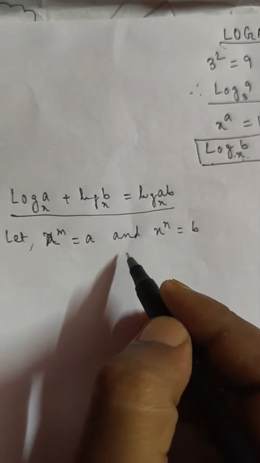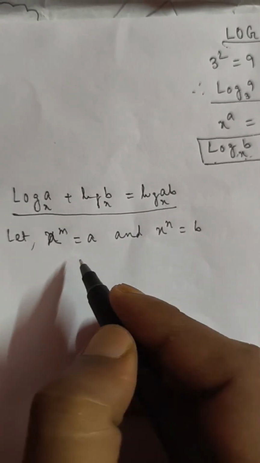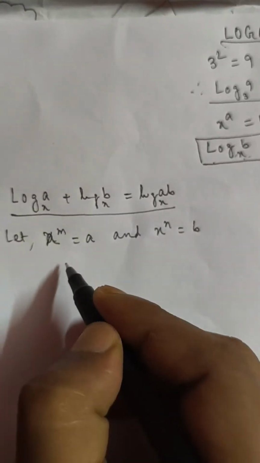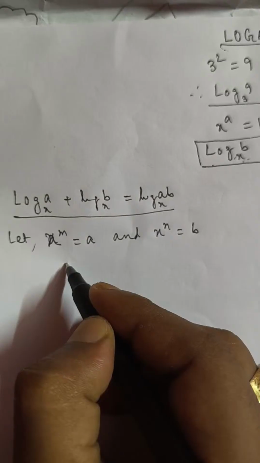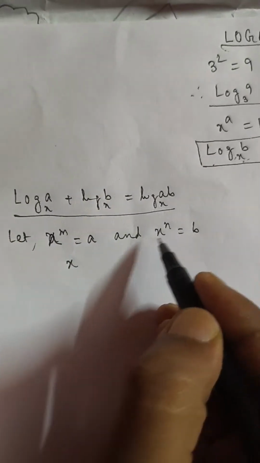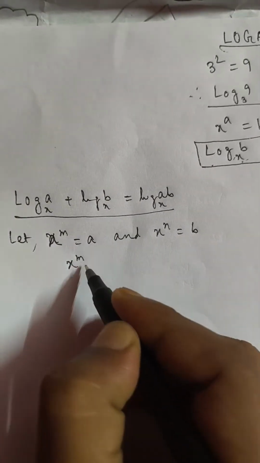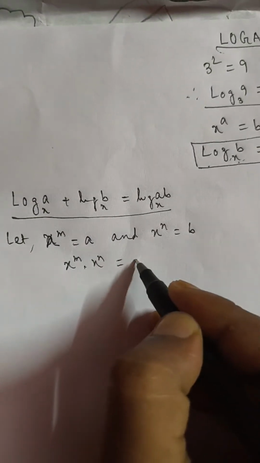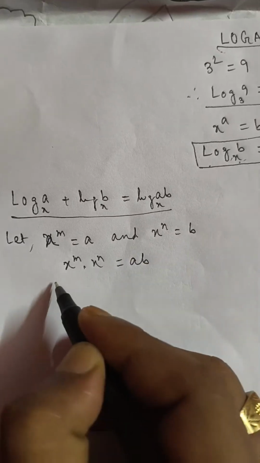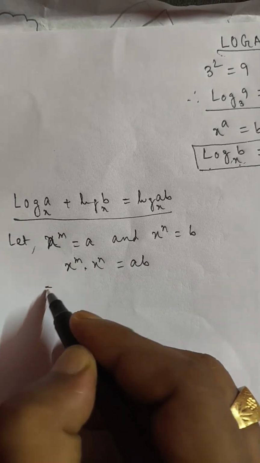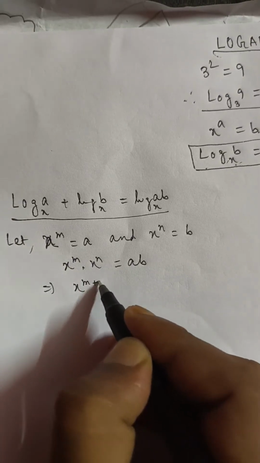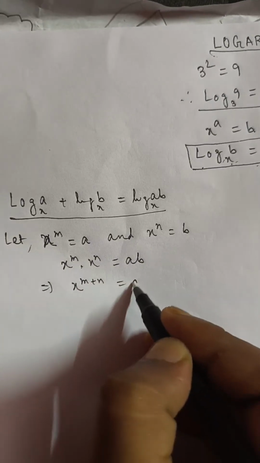So what will be the product of both of these, x to the power m multiply x to the power n? It is equal to ab. From this we will get x to the power m plus n is equal to ab.